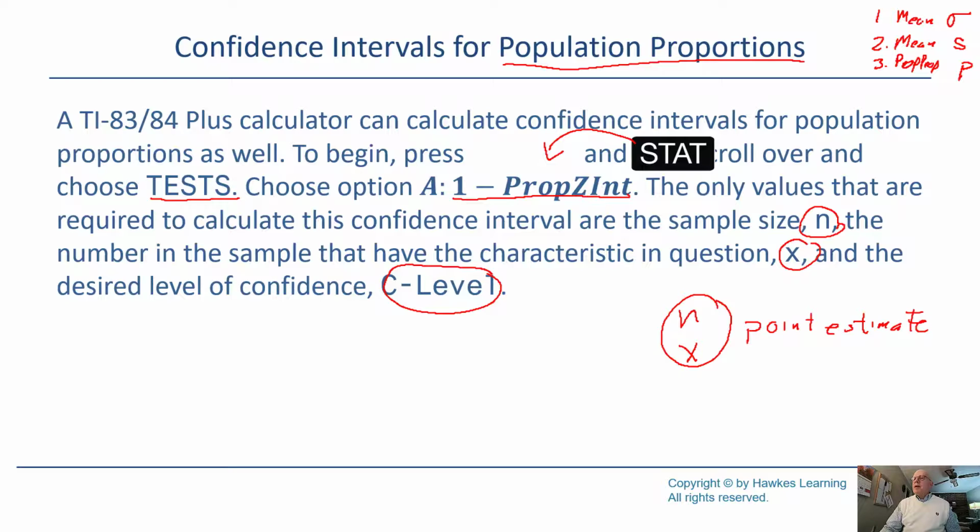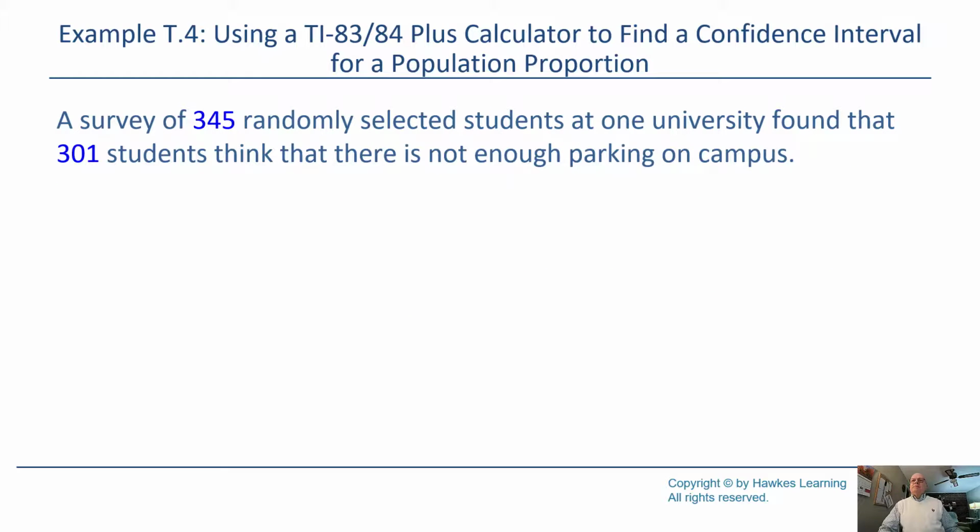This will give you a point estimate, P hat, and that's X over N, but actually the calculator will calculate that and do all the rest. And you need to put in C, 0.95, 0.99, or whatever you need.